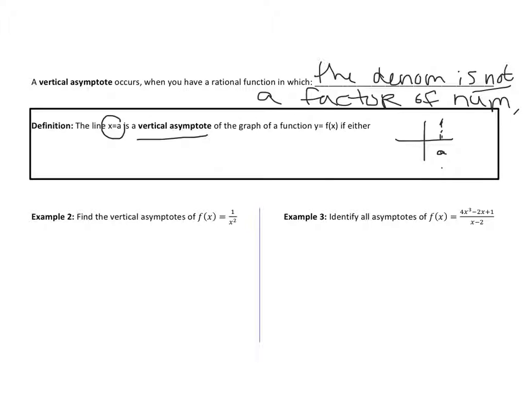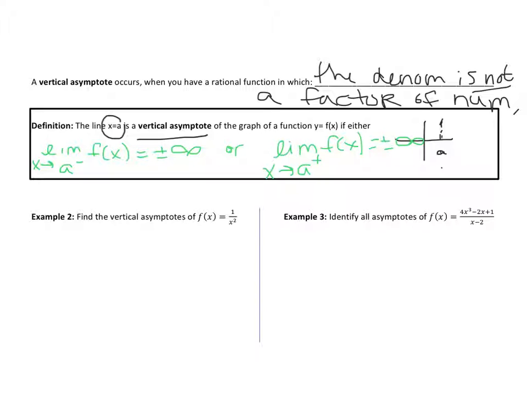Okay, so the line x equals a is a vertical asymptote of the graph of a function f of x if either the limit as x approaches a from the left of our function is going to equal plus or minus infinity, or the limit as x approaches a from the right of the function is going to also equal plus or minus infinity.